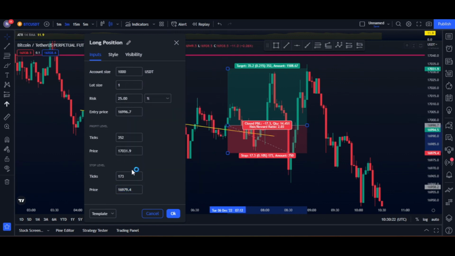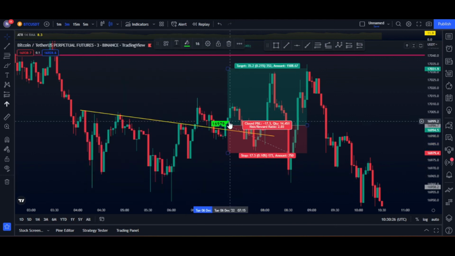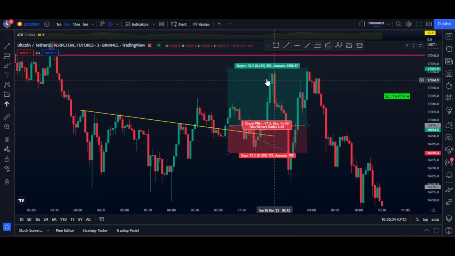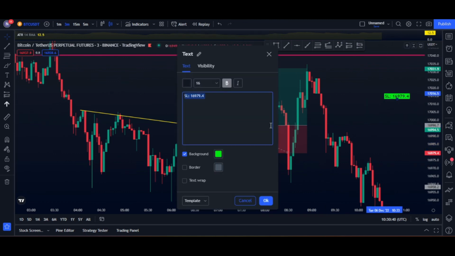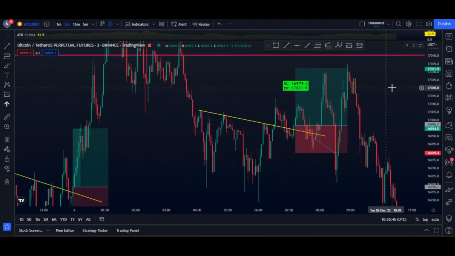So once I put an entry, I would just copy paste my stop level here and then paste it on my trading and my exchange account. And then yeah, that's just for the take profit. I would also just copy paste this one as well. Okay, TP. Okay.